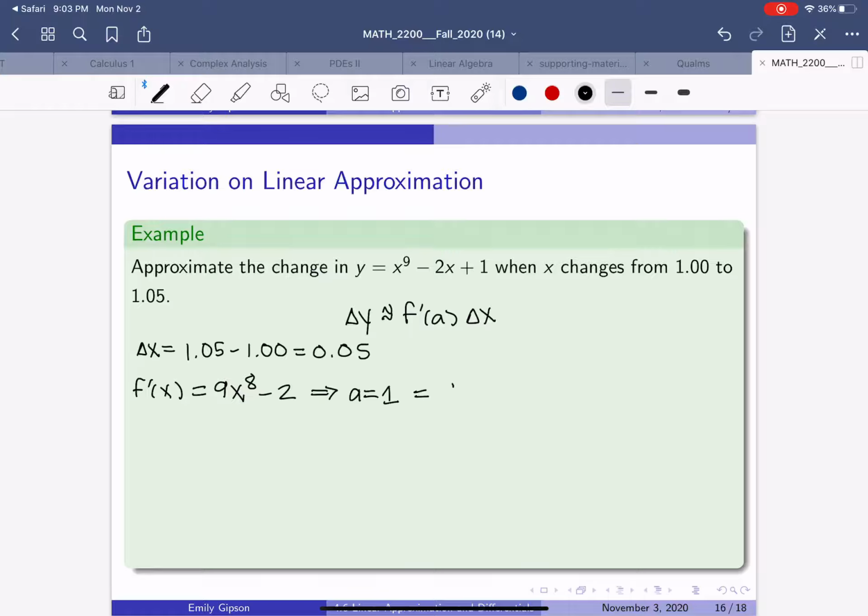We get 9 minus 2 equals 7. So delta y is approximately equal to 7 times 0.05 or 0.35. So as we change x from 1 to 1.05, we expect a change in y to be on the order of 0.35.